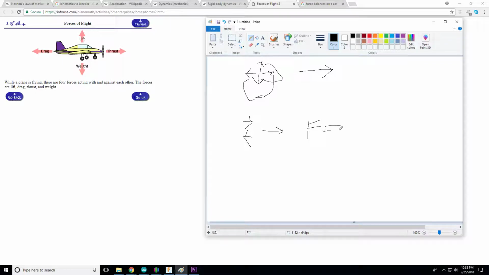Because remember, force is equal to ma, and if force is 0, then that means that obviously your mass is not 0, so that means that your acceleration is 0. And what that means is it means your velocity is not changing. So you're not speeding up, you're not slowing down, you're continuously at this exact same rate, otherwise known as speed.